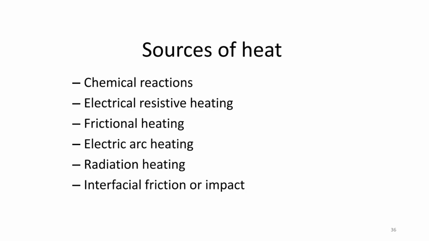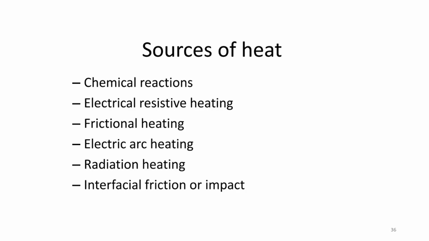Then there can be electrical resistive heating. In resistance spot welding, you can use electrical resistivity for heating. As electricity goes through a very highly resistive wire, there will be generation of heat because of joule heating.